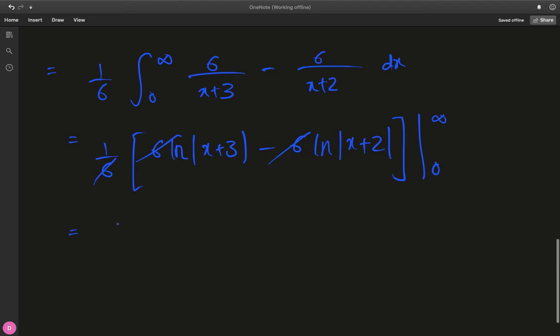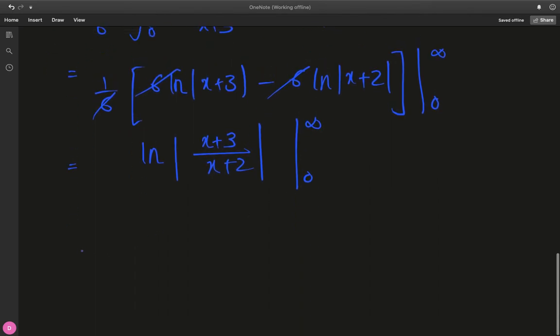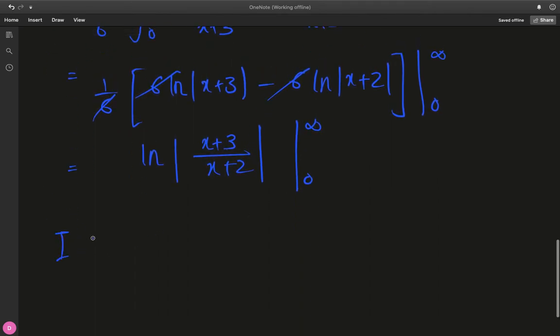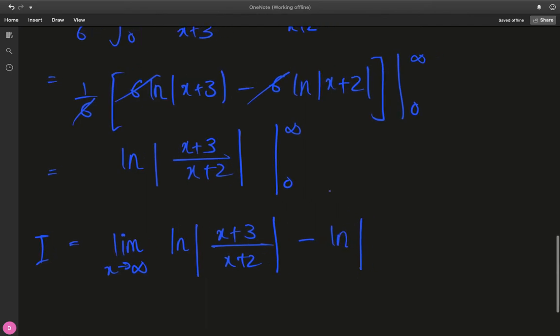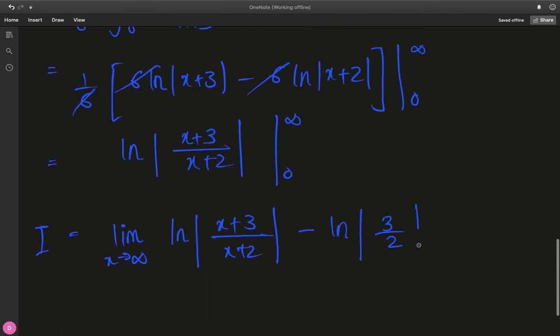We can write this as the natural log of x plus 3 divided by x plus 2 evaluated from 0 to infinity. So for the infinity case, we take the limit as x goes to infinity of the natural log of x plus 3 divided by x plus 2, minus the natural log of, well, when you plug in 0, this will just be 3 over 2.